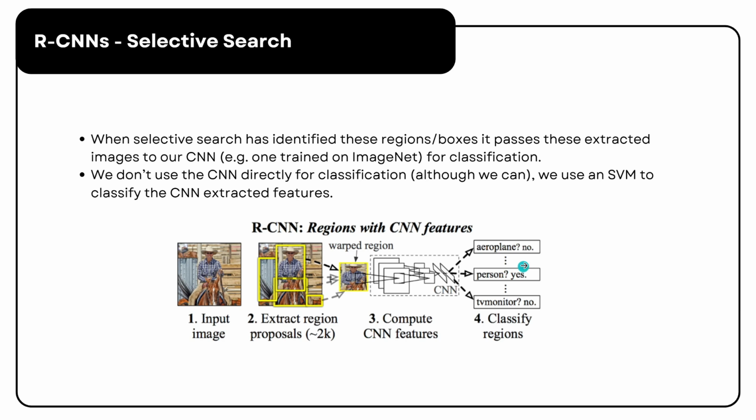For each region, the SVM decides: is it a person, is it a car, or is it a monitor, etc. This modular approach, combining region proposals, deep feature extraction, and then traditional classification using SVM, was what made RCNN so powerful for its time, even if it was computationally expensive.